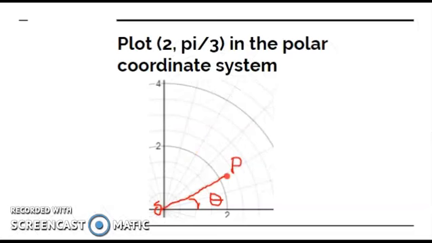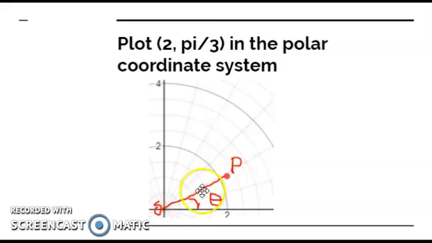Now I've plotted the point (2, pi/3) in the polar coordinate system. And remember that a point in the polar coordinate system is represented by r and theta. So 2 represents r, and remember r is the directed distance along this segment OP. And so this means that the point is here, right?